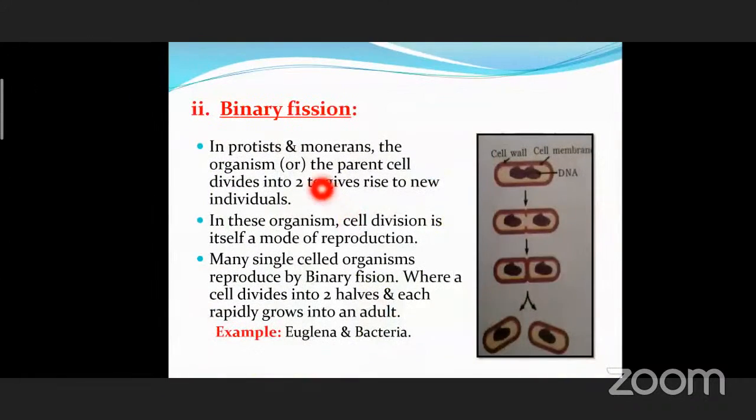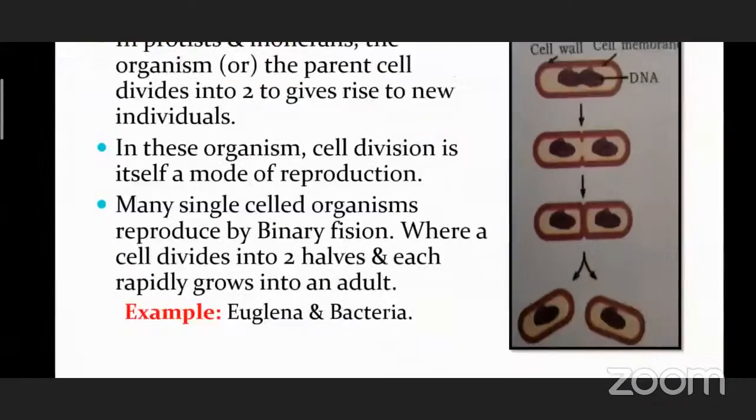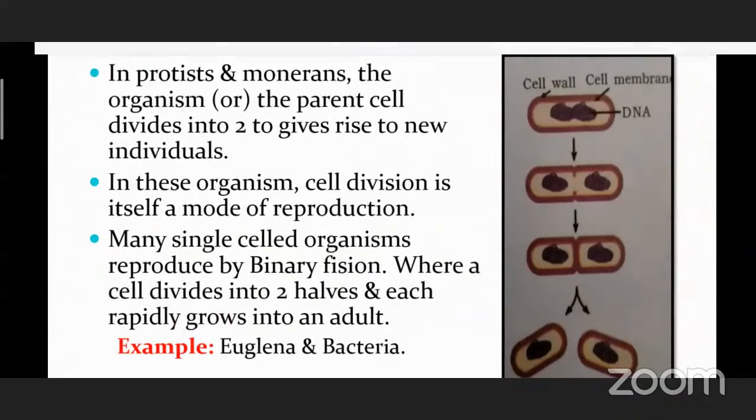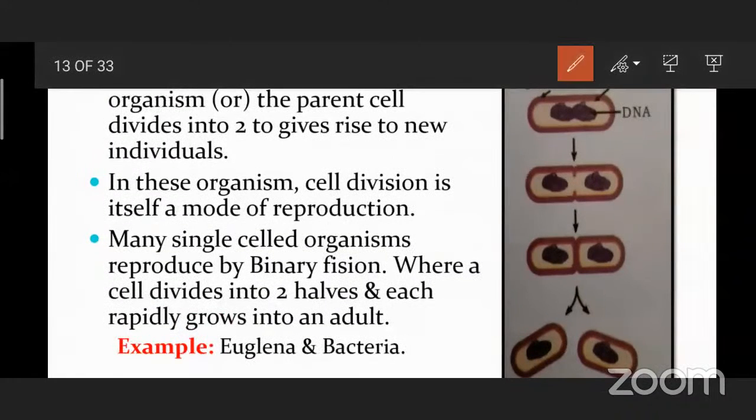Next, asexual reproduction, one of the methods, that is binary fission. In this binary fission, examples are euglena and bacteria. In protists and monerans, the parent cell divides into two to give rise to new individuals. See here, this is the parent cell, that is euglena or bacteria.